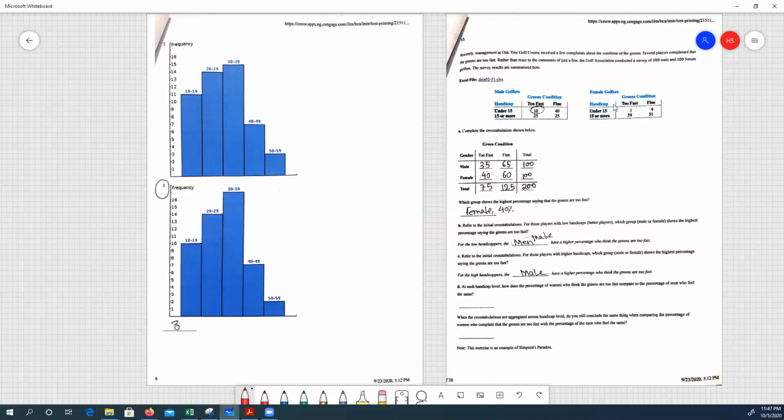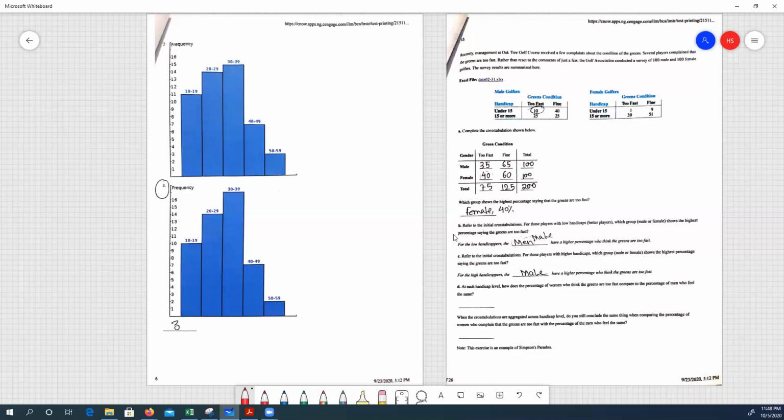So male and too fast is 35 out of 100, right? Because total male is 100 and total female is also 100, and too fast is 40. So now you have to calculate the percentage for this one. 35 over 100 is 0.35, 40 over 100 is 0.4. Which percentage is higher? The female is higher, right? So the female group, and the percentage is 40%.